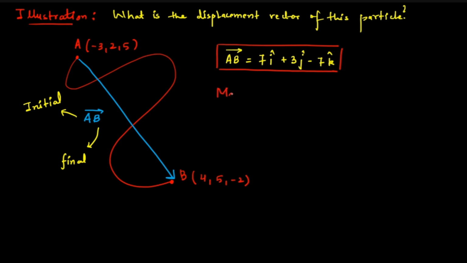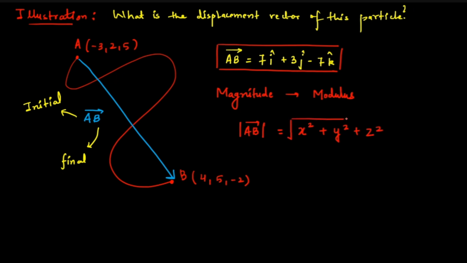So as I told you, magnitude is something which is given by modulus. Now how are we going to calculate modulus? Let us try to understand it. So AB vector's mod is represented this way. Whatever this particle has in x-axis, we'll square it. Whatever the particle has in y-axis, we'll square it. Whatever the particle has in z-axis, we'll square it and simply square root it.